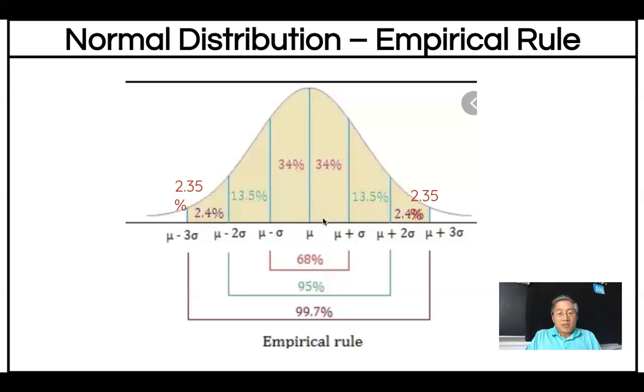And how much data is in this one standard deviation range? 34%, always almost exactly 34% is in this section, and 34% is in this section here. So together, 68% of the data are located within one standard deviation of the mean.